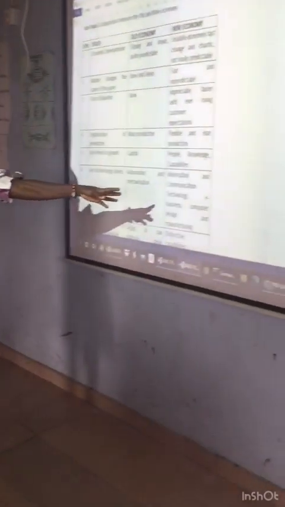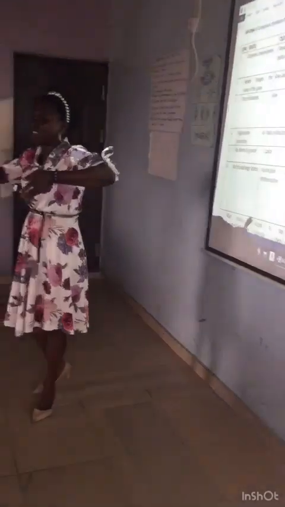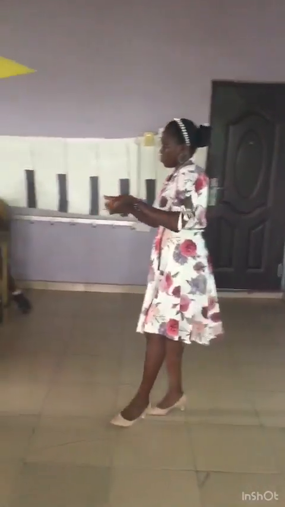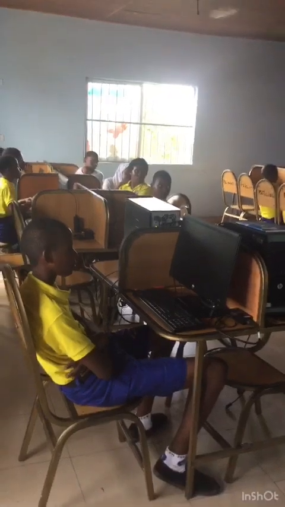Information has now gotten to the level where even in your house, you can easily access information using your phone. Even as you are walking along the road, you can easily have access to information.